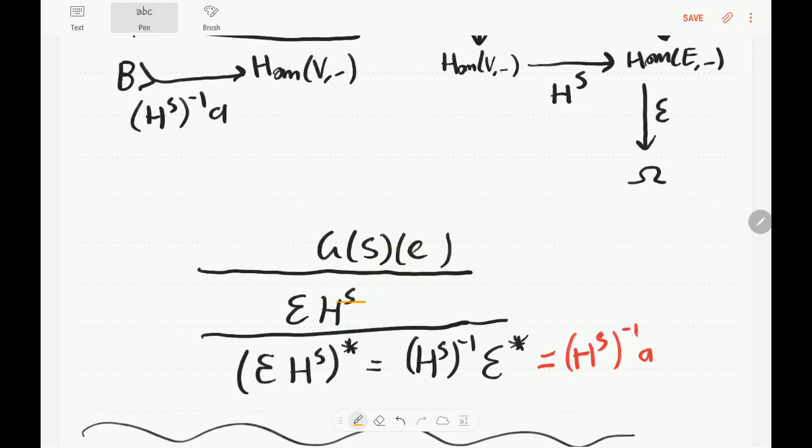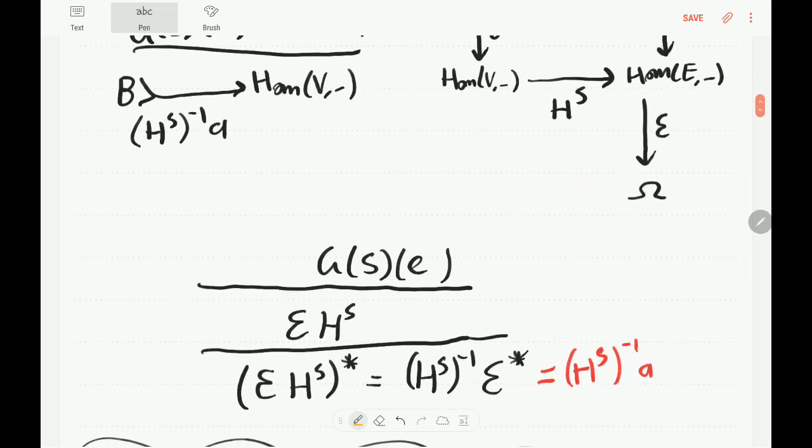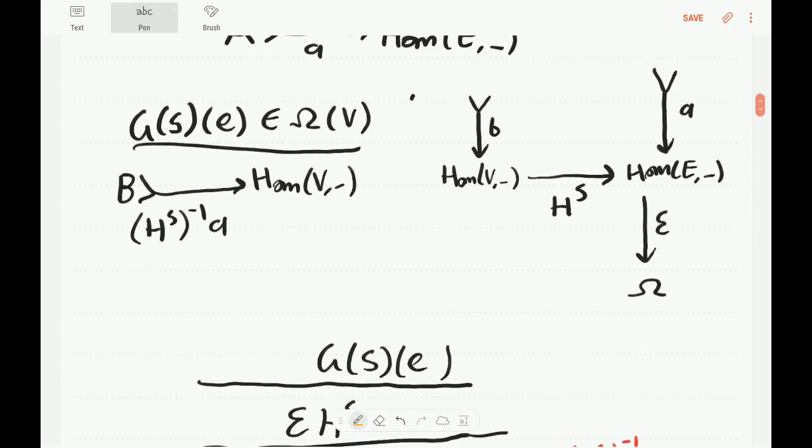We've seen already that this corresponds to epsilon after H of S. This is under the Yoneda correspondence, but this is going to be an arrow into the subobject classifier omega, and therefore it's going to correspond to a subobject, which we call epsilon after HS star, and that's actually just going to be, as we see from this diagram, the pullback of this A here, which is epsilon star.